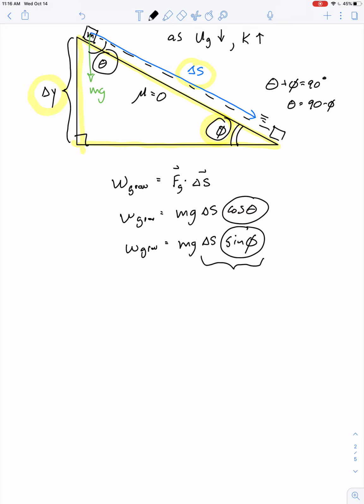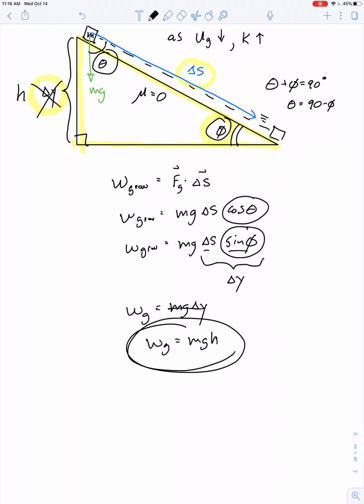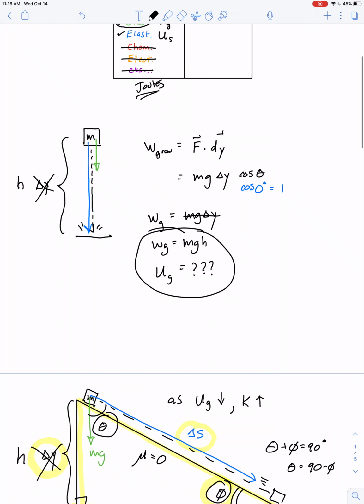So in fact, delta S sine of phi is nothing more than delta y. So the work done by gravity in this case is equal to mg delta y. And as we often do, instead of calling it delta y, we call it h for height. So the work done by gravity is mgh. Now does that look familiar? Of course.